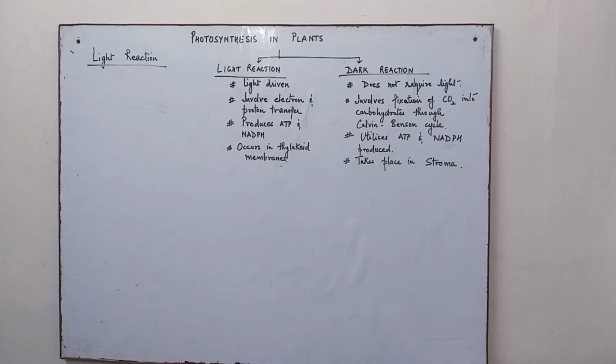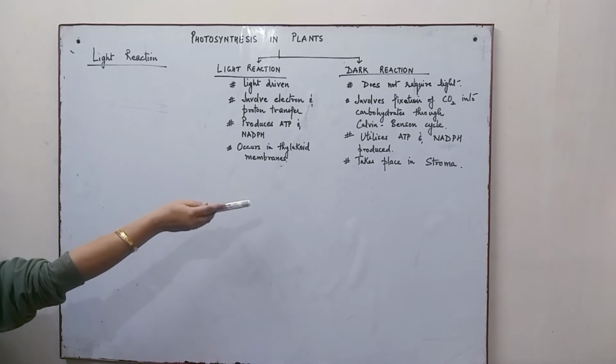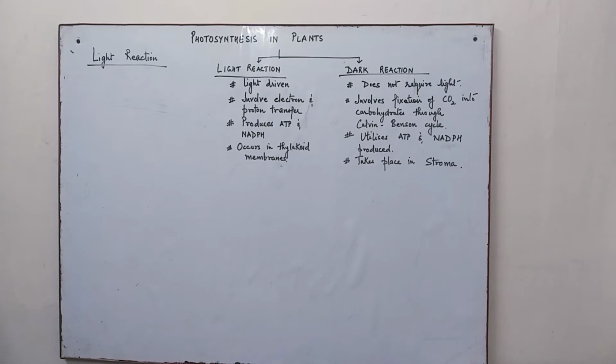During this process, there is fixation of carbon dioxide into carbohydrates through a cycle known as the Calvin-Benson cycle. This reaction, which takes place in the absence of light, utilizes the ATP and the NADPH produced during the light reaction, and this takes place in the stroma of the chloroplast.